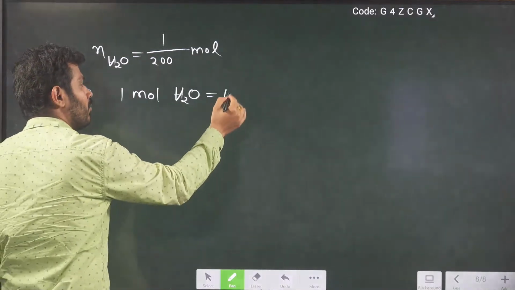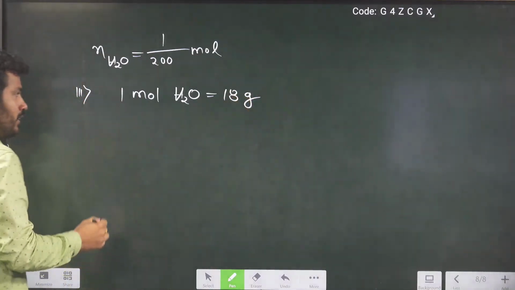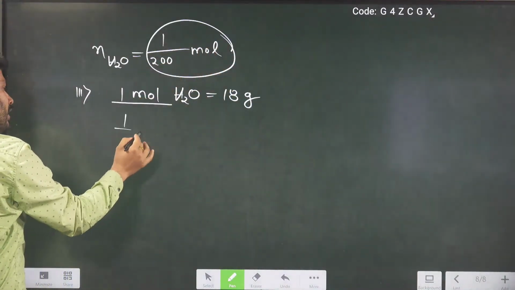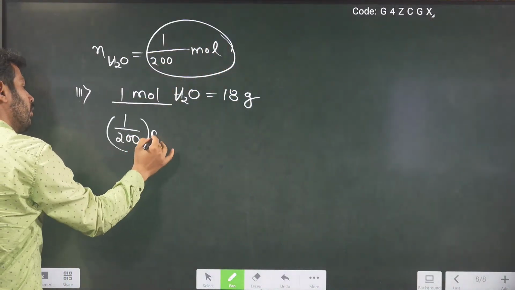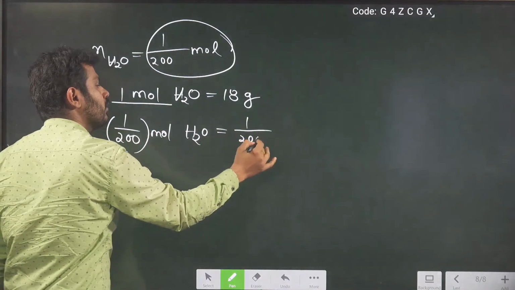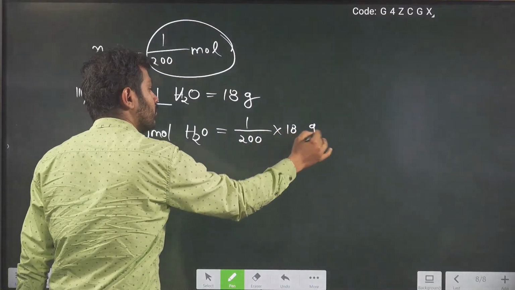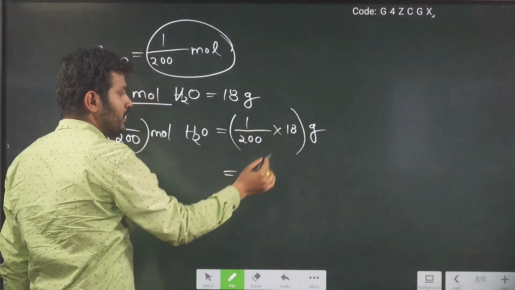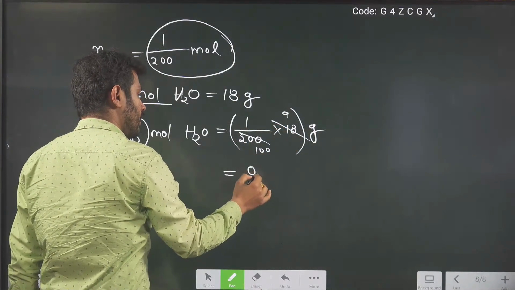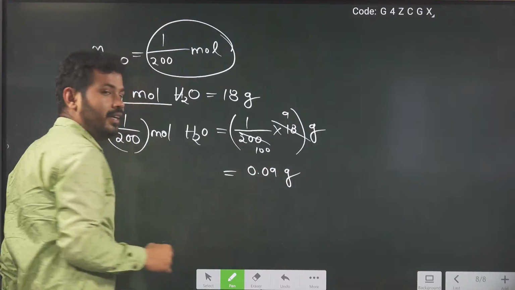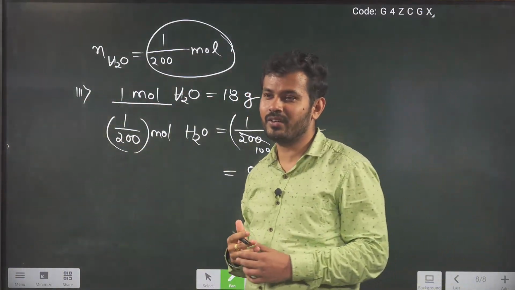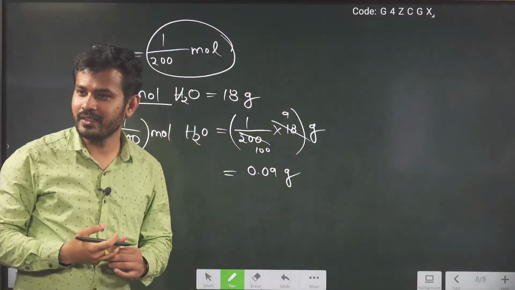Yes, it is 18 gram. 1 mole of H2O is 18 gram, but we do not have 1 mole of H2O, rather we have 1 by 200 moles. So just multiply 1 by 200 into 18 gram. 2 9s are 18, 2 hundreds are 200, so 9 by 100. 9 by 100 means 0.09 gram. Yes, several students have got this answer, 0.09 gram. Absolutely correct.